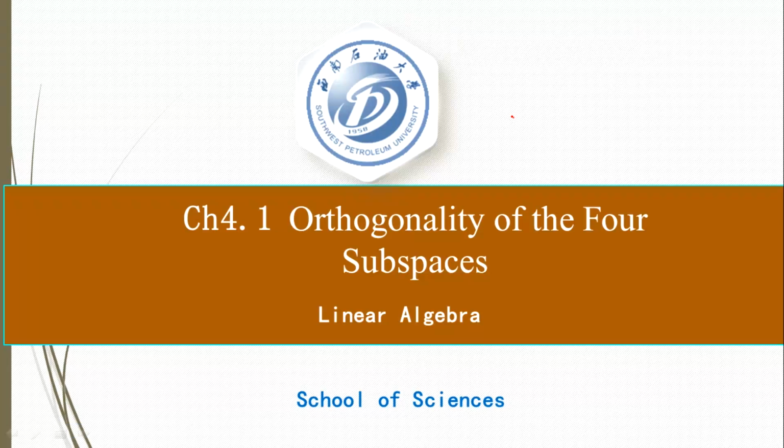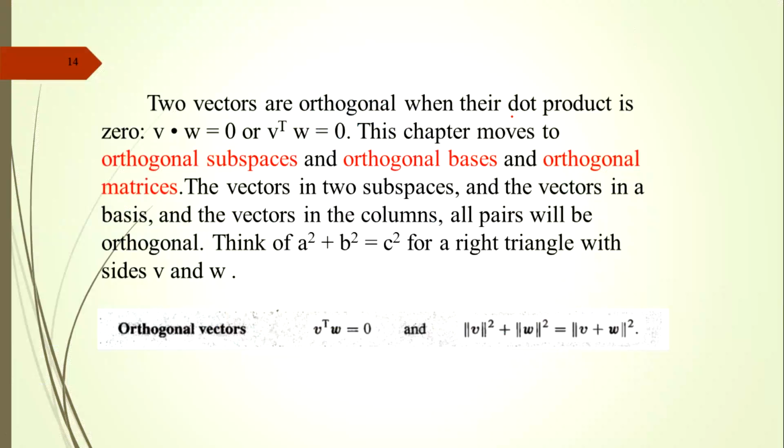So let's think about orthogonal vectors. We have already studied this definition. How can we tell two vectors are orthogonal vectors? The dot product of those two vectors gives 0, right? Then those two vectors are called orthogonal vectors. Now we will expand this concept of orthogonality to the spaces. Two vectors are orthogonal when their dot product is 0.